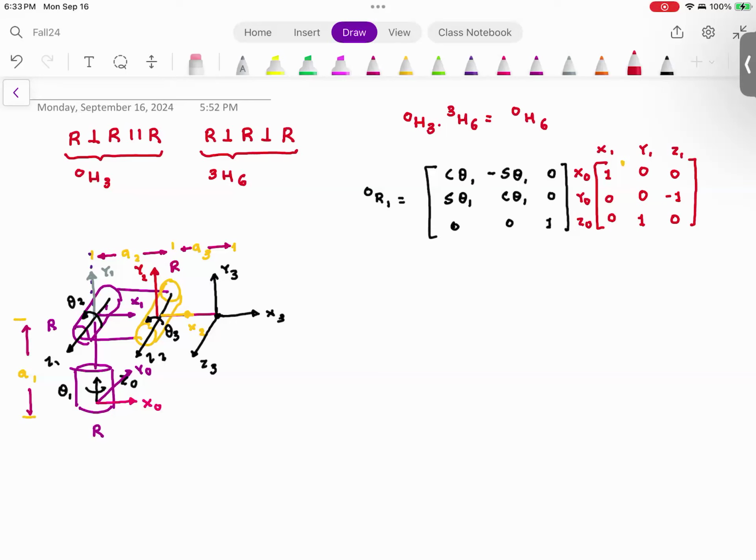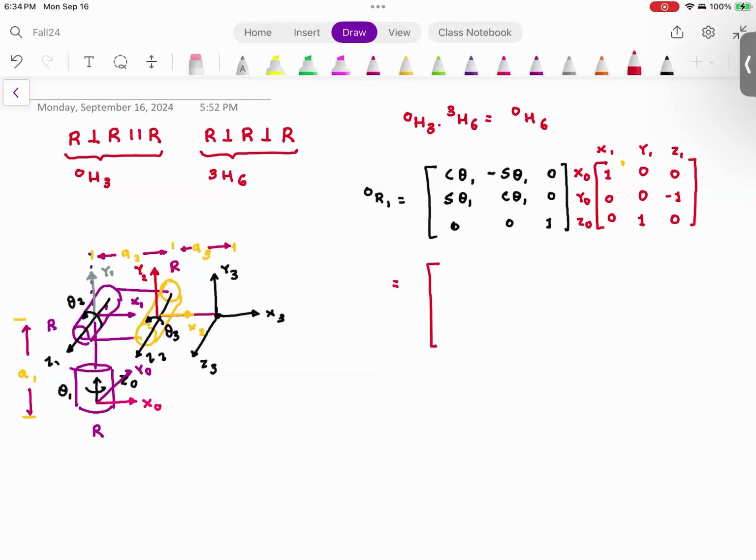But Z1 is aligned with minus Y0. Why? Y0 is going in that direction. Z1 is coming in this direction. They are opposite to each other. Everyone understood this? So now, once you perform this multiplication, you have your rotation matrix.